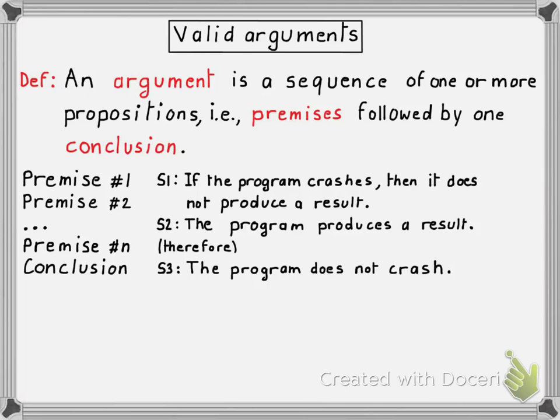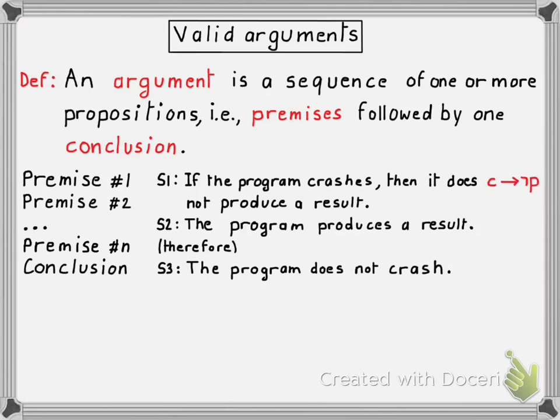Now remember, when we talked about arguments before, the first step was to formalize the argument. That is, to translate each one of the propositions in the argument into logic. So I'm going to go fast on this one since we translated a similar argument before. S1 is a conditional.